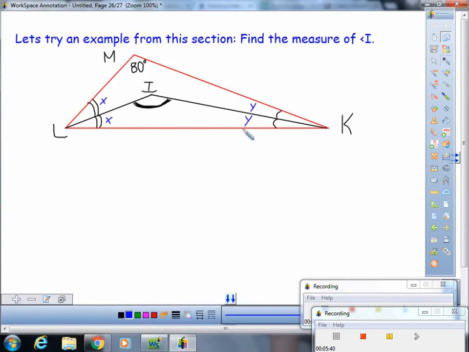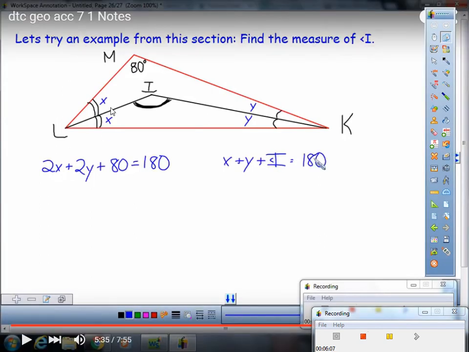And we know that 2x plus 2y plus 80, well, those are the angles in the red triangle, so that has to equal 180. However, we also know that the angle x plus angle y plus angle I also equals 180 because this thing down here is also a triangle.